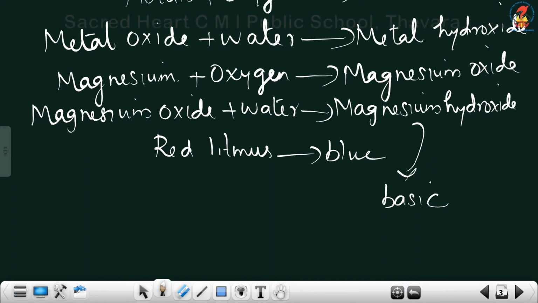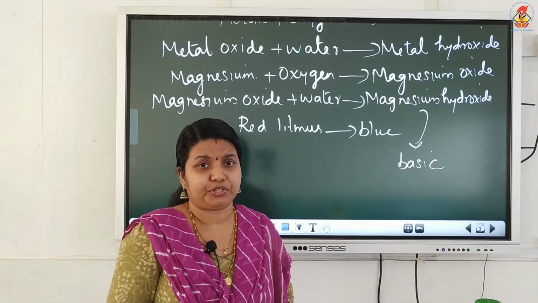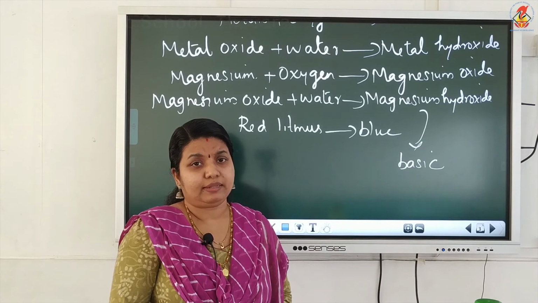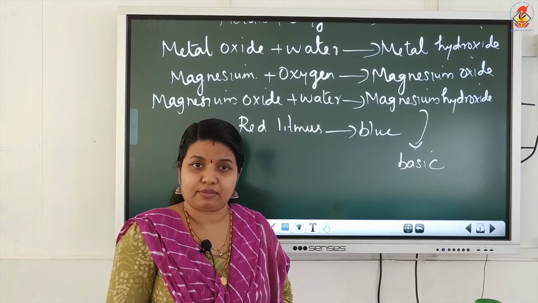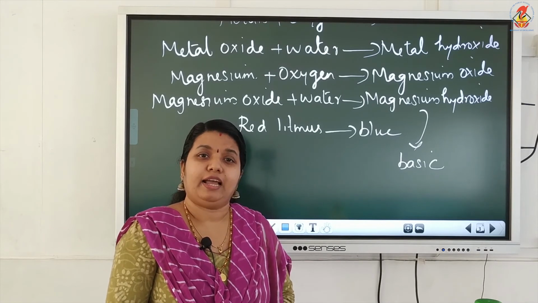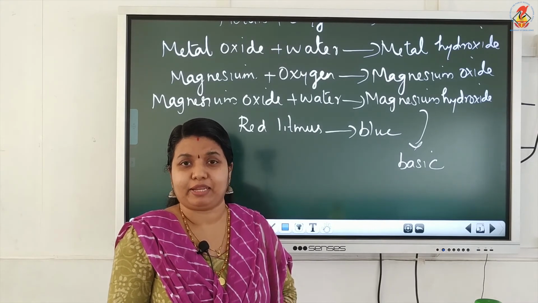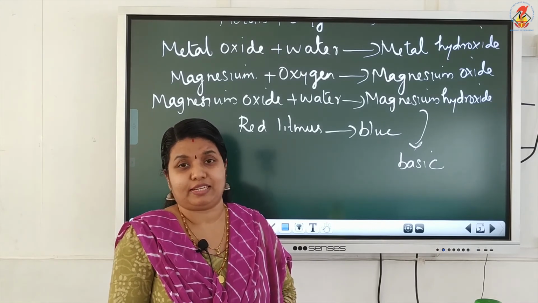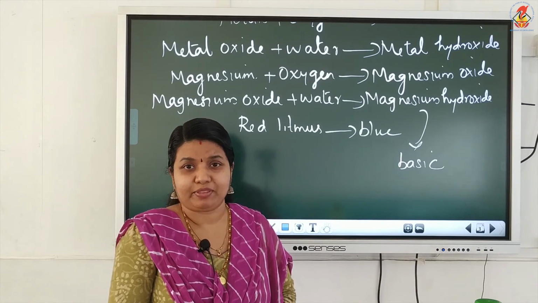So that is the first chemical reaction, reaction with oxygen. Metals react with oxygen to form metal oxide. Metal oxides dissolve in water to form metal hydroxides. Hydroxides are basic in nature. So generally metal oxides are basic oxides. Example is burning a magnesium ribbon.